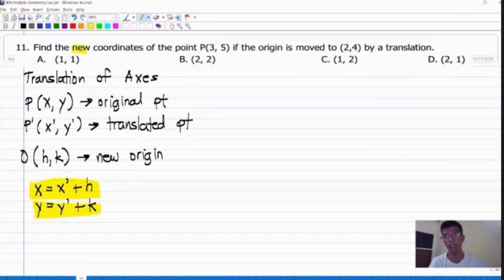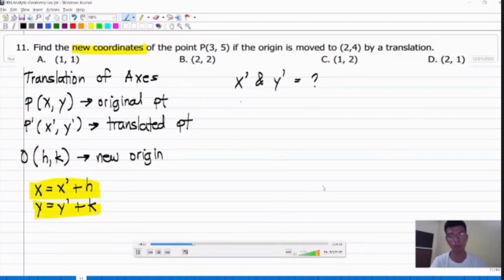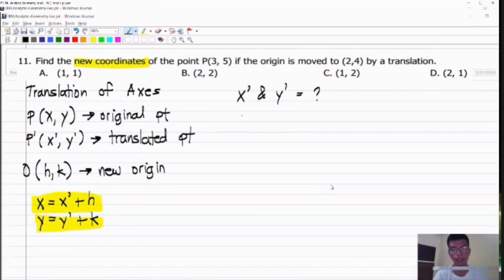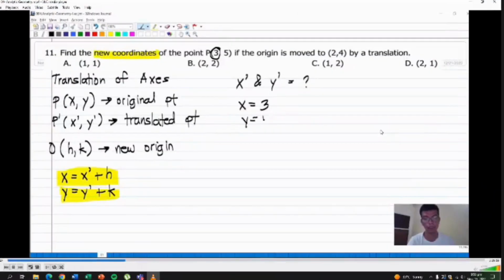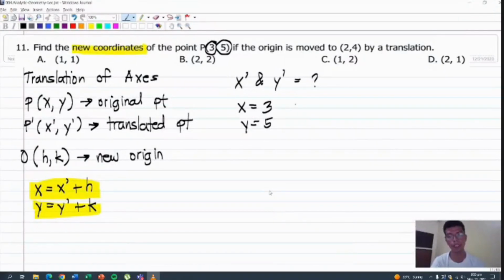Since we are asked to find the new coordinates, what will be the translated point? So x prime and y prime are unknown to us. The original point has x equal to 3 and y equal to 5, and the origin moves to (2, 4), so h is 2 and k is 4.